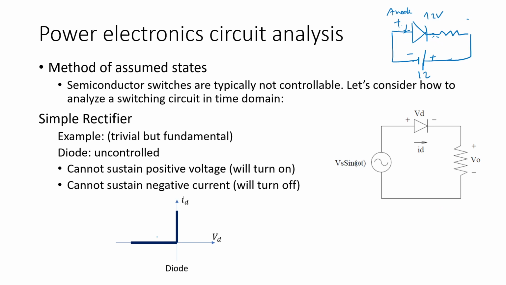So this curve is called the characteristic curve of the diode. You never get the curve at this side or at this side. Never, right?